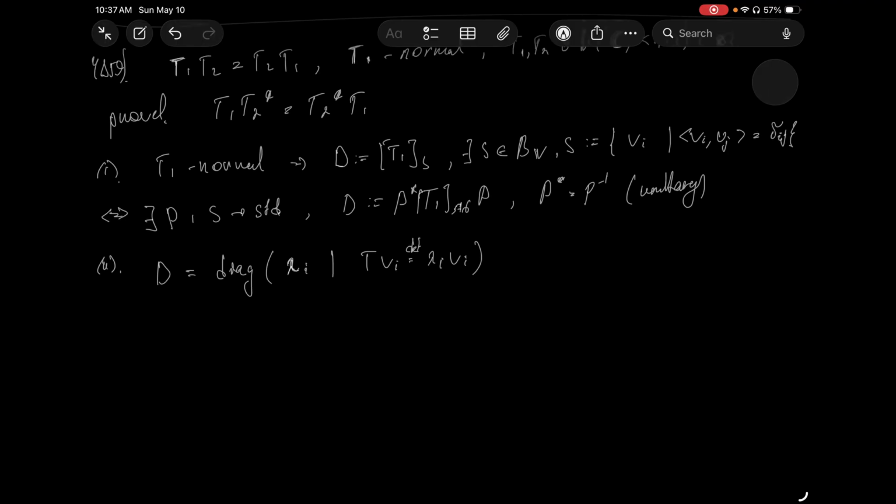And then let's define a commutator between T1 and T2 adjoint. By definition of commutator, that would be T1 T2 adjoint minus T2 adjoint T1.